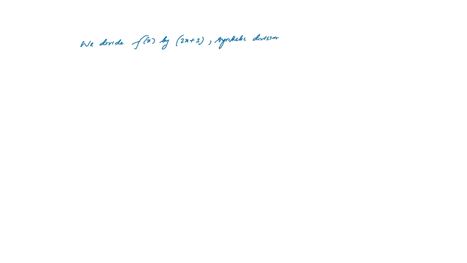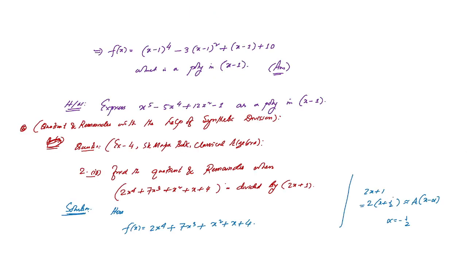Synthetic division is as follows. Your fx is 2x to the power 4 plus 7x cube plus x square plus x plus 4, so we'll write 2, 7, 1, 1, 4. What is our alpha? I said alpha is minus half.